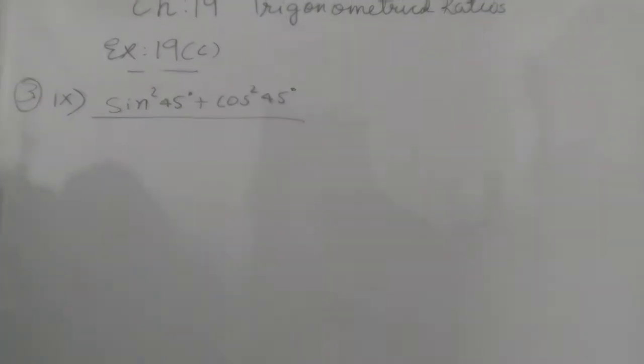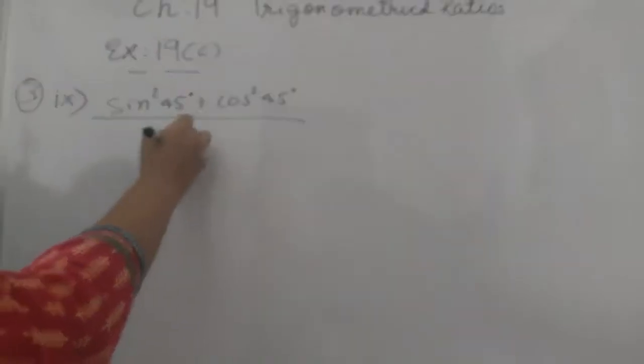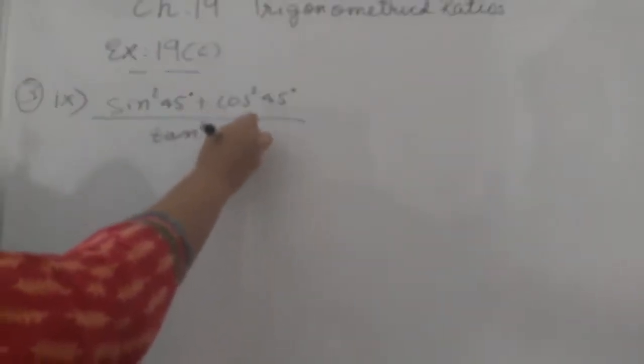Question number 9: sin square 45 plus cos square 45 degree, in division with tan square 60 degree. So we want to find the value of this, students.